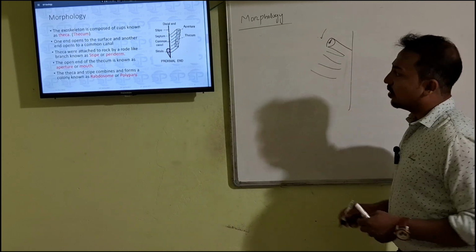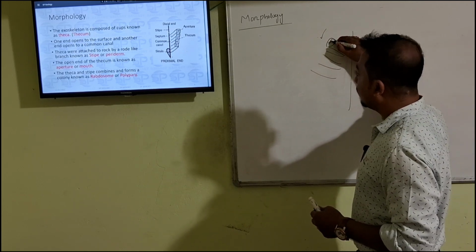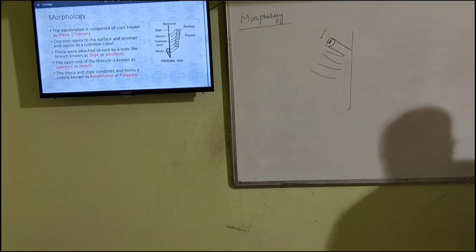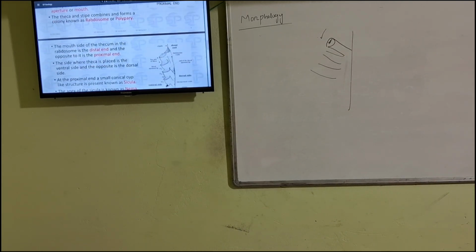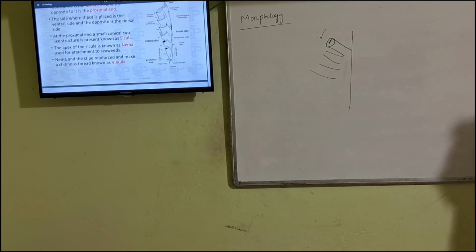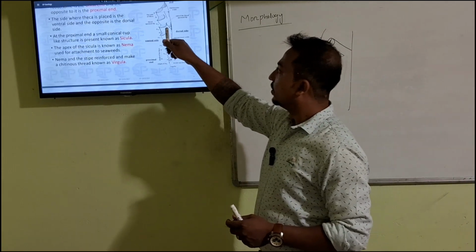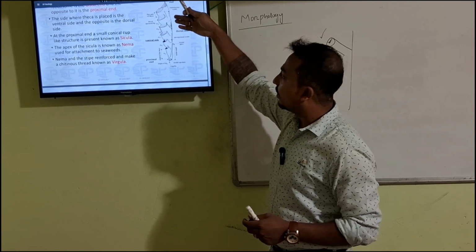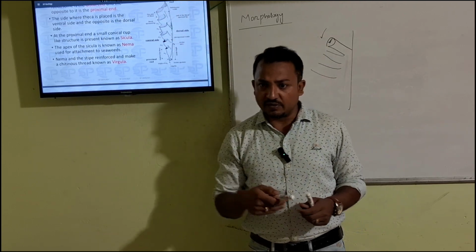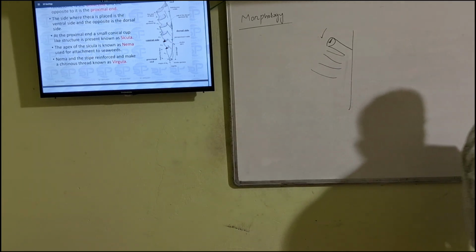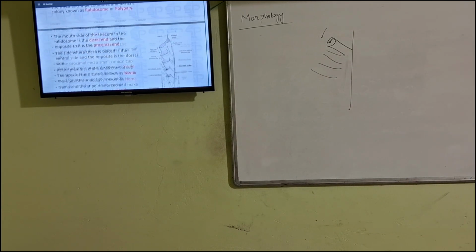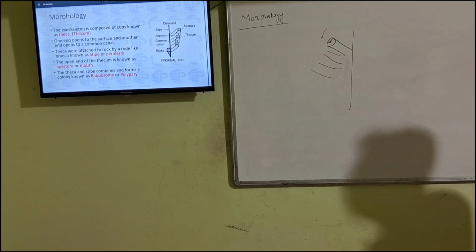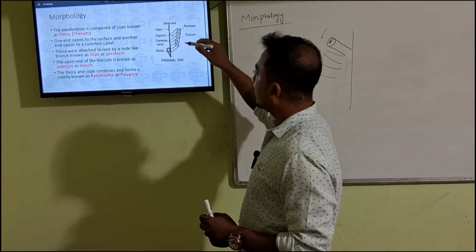So one end is open towards the surface in the thecum, and the other end opens to a common canal. It is like this. Theca were attached to rock by a rod-like branch.